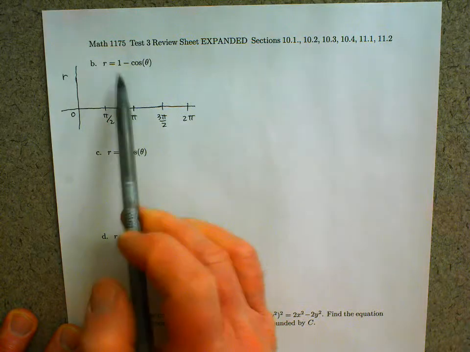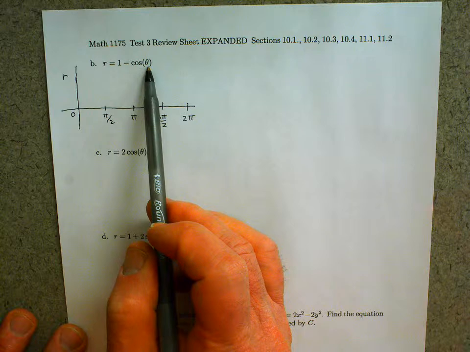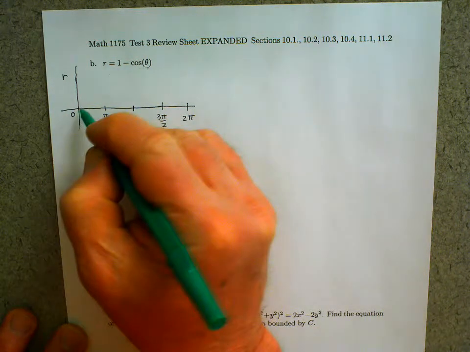When theta is 0, cosine of 0 is 1, so 1 minus 1 is 0. So we have this point on the graph.